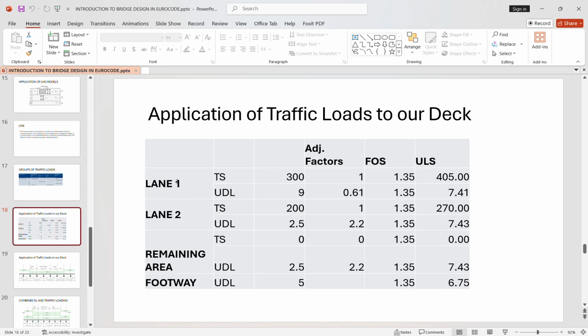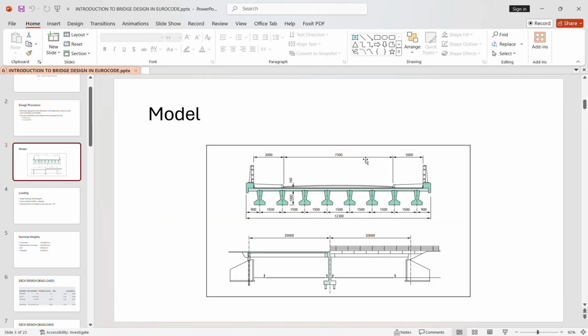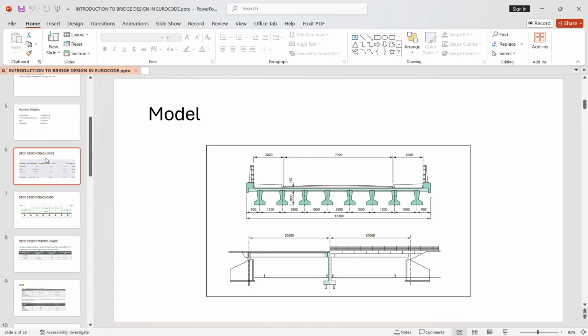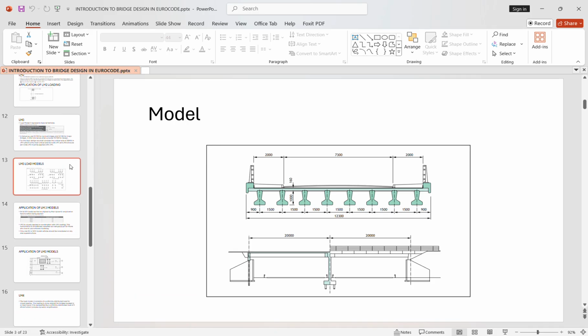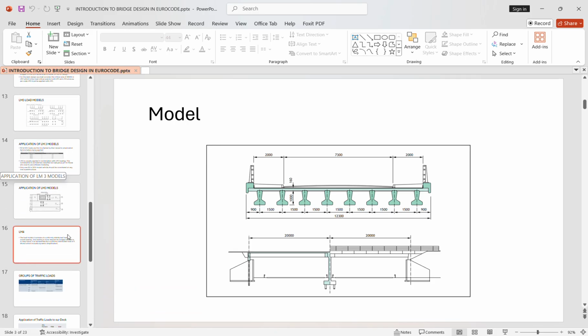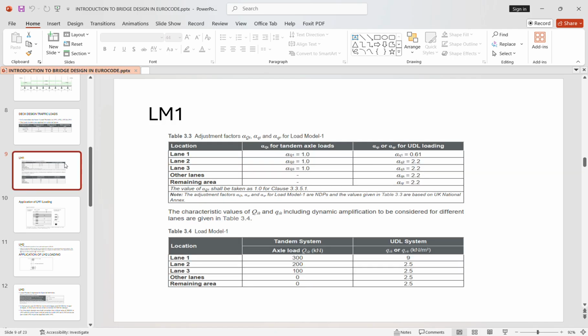For lane 1, our deck was having 2 lanes because, as you can see, our deck was 7.3 meters. If we divide it into national lanes, we shall go to our national lanes formula, which is around here.